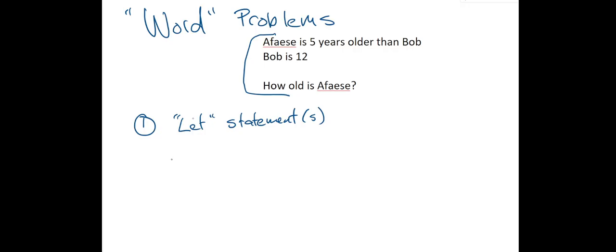Okay, well, I'm going to let A be equal to Arthur's age. Pretty self-explanatory reason why. Arthur starts with A, so I'm going to say A. I'm going to say let B be equal to Bob's age.